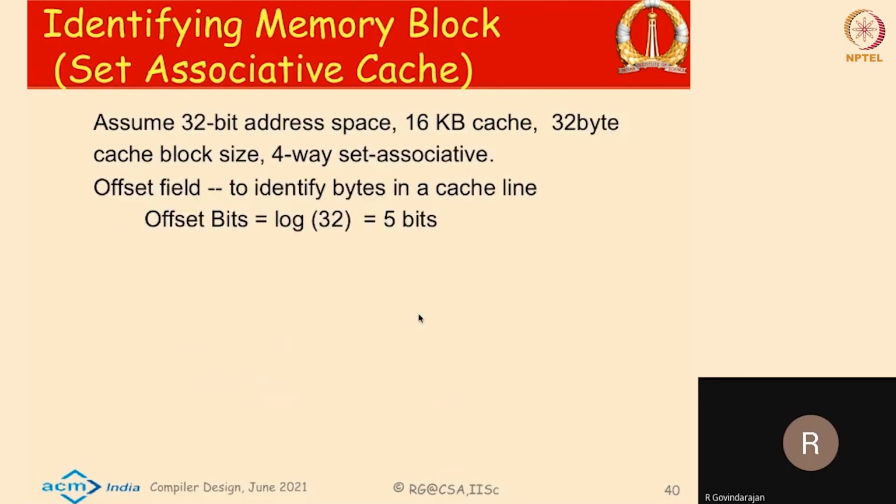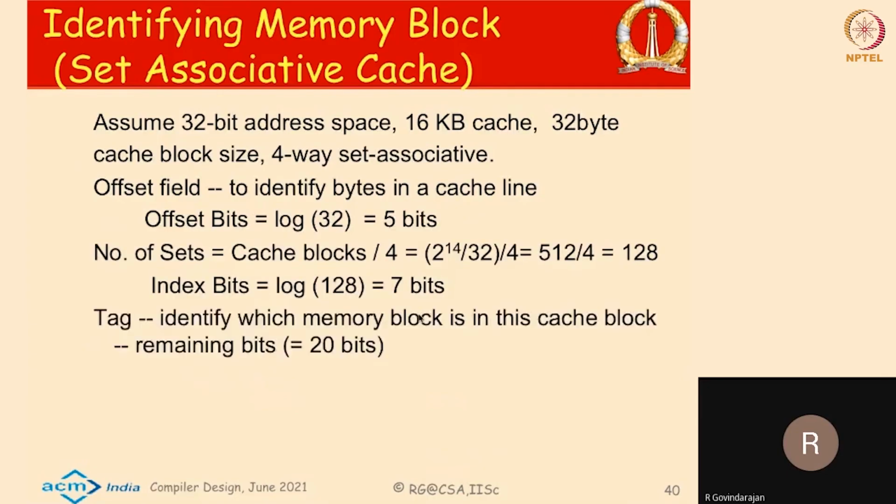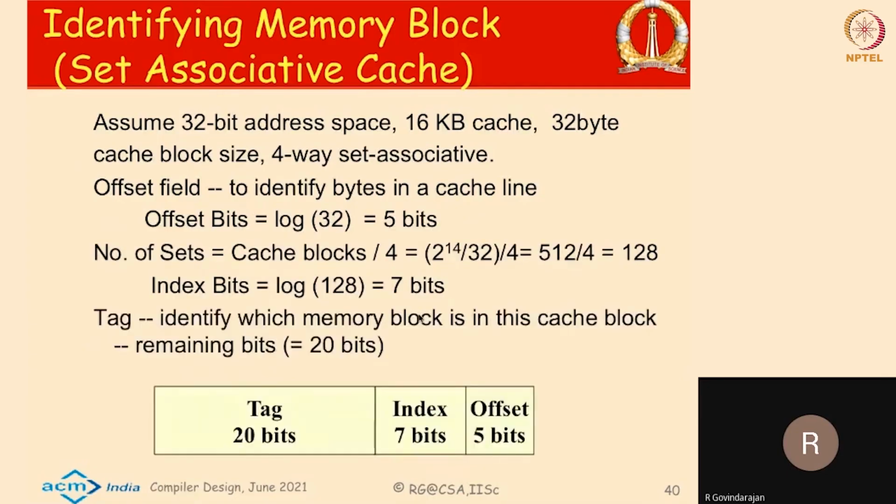Before we do that, we will simply say how exactly the memory blocks are identified, whether they are in the cache or not. Many of you would have gone through this exercise in your undergraduate course in computer organization. I will not go into the details, but essentially point out the fact that the address is divided into three parts. The offset part is used for accessing the data item within a block.